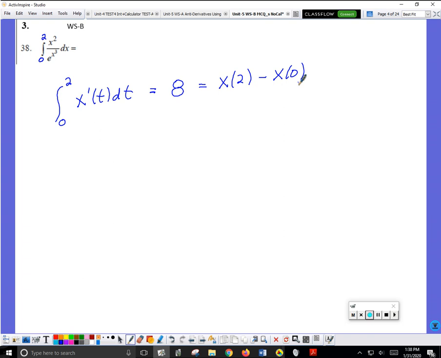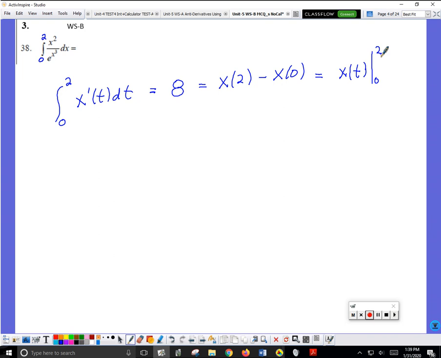Okay, I need to introduce a new notation. So this is not a new concept, it's just notation. Another way to write this is to do this. So that you just memorize.